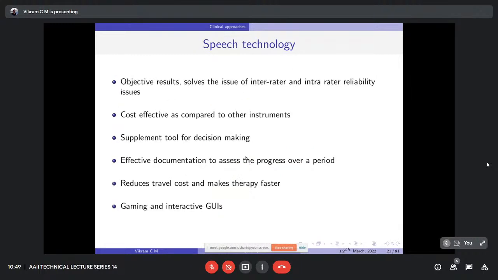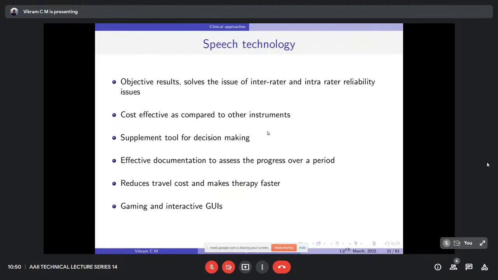As speech technologists, what can we do as a solution? We all know that using the speech signal we can extract some acoustic parameters, and using them we can develop some machine learning model or system for the automatic evaluation of speech sound disorders. This may help a speech language pathologist as a supplement tool for decision making, and it saves a lot of time.